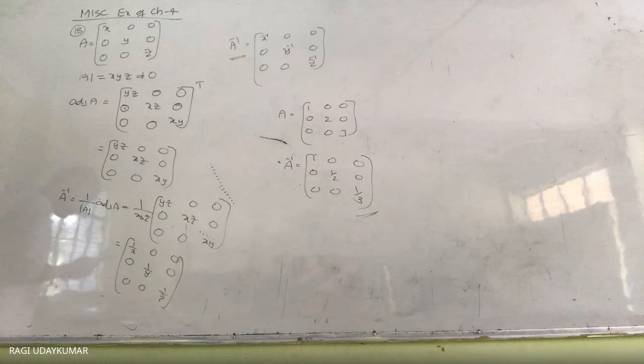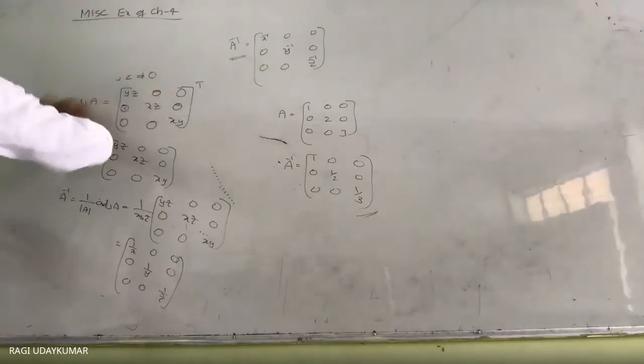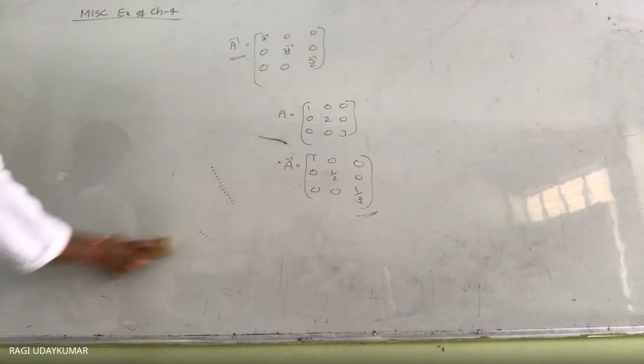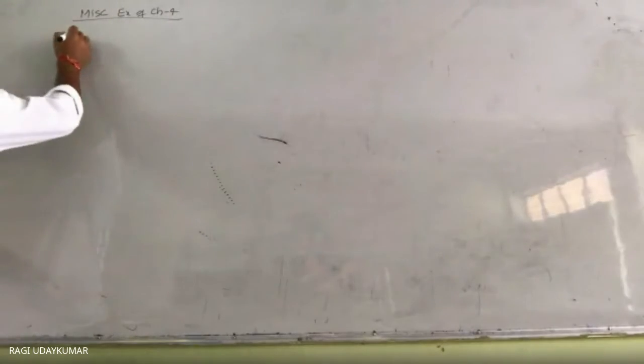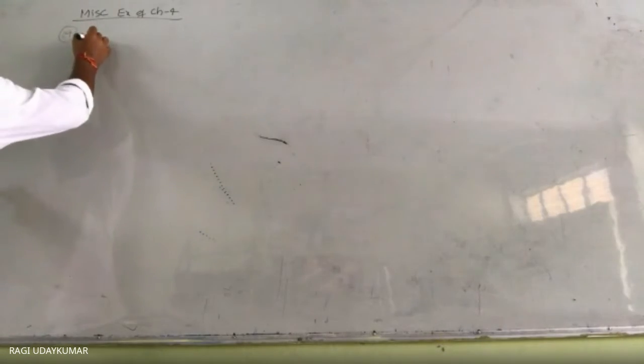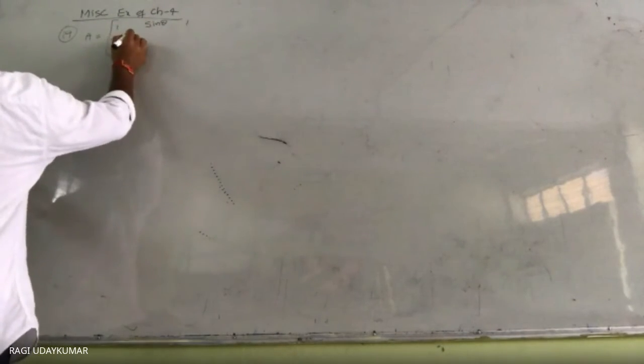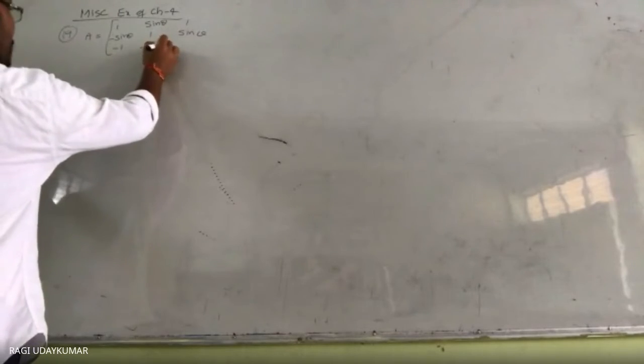And the last problem is given to you. Here the question is the 19th one. A is equal to 1 sin theta 1, minus sin theta 1 sin theta, minus 1 minus sin theta 1, and theta lies between 0 to 2 pi.